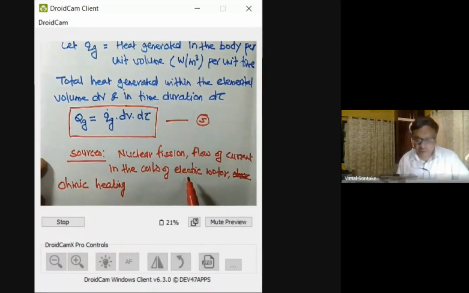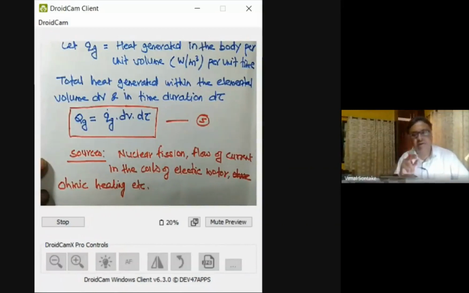Similarly, ohmic heating means this application of ohmic heating is in the electric iron. When current is flowing through the electric coil, the resistance of the coil gives rise to the heat. Okay, so more will be the resistance, more electricity will be converted into heat. So that is called as ohmic heating. Instead of loss, we are converting deliberately the electricity into heat. That is called as ohmic heating.